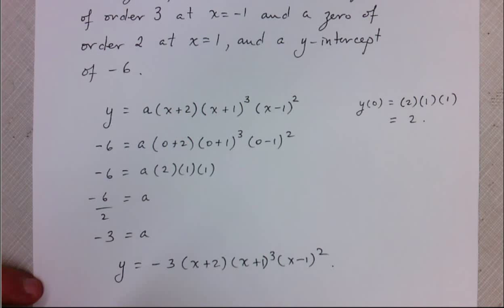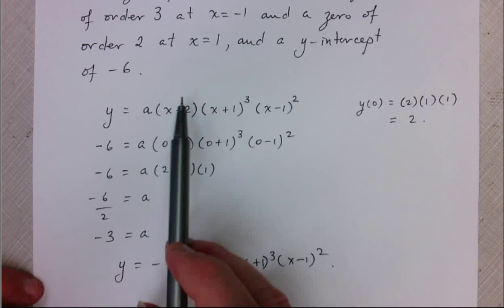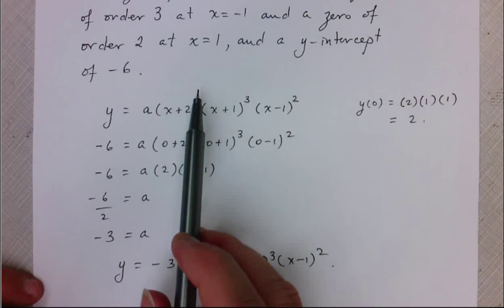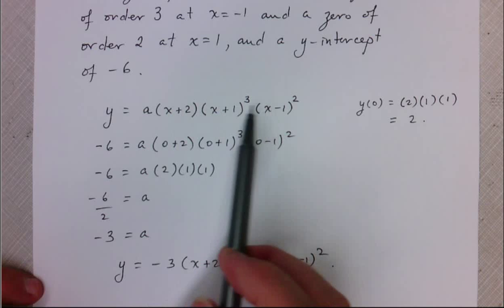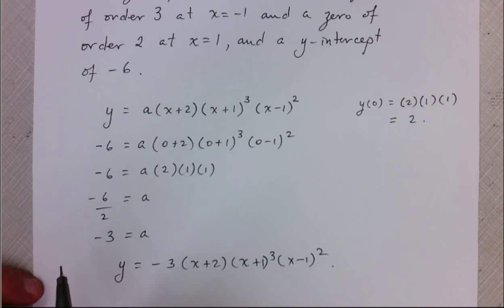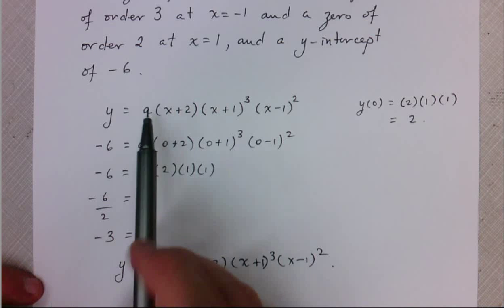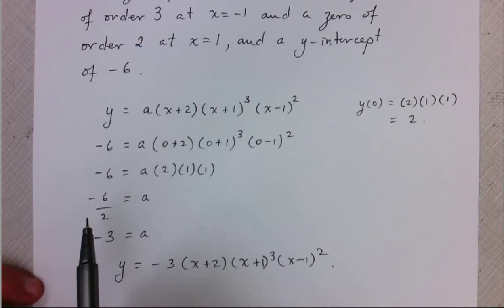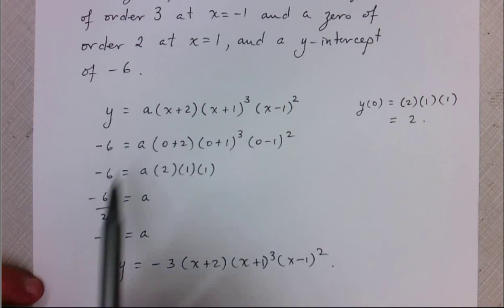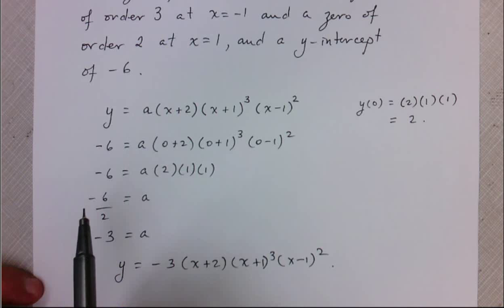What we need to get out of this is the idea that the zeros and their orders tell us what binomial factors we need to have in our equation. But any constant times that product of binomial factors will also have the same zeros.